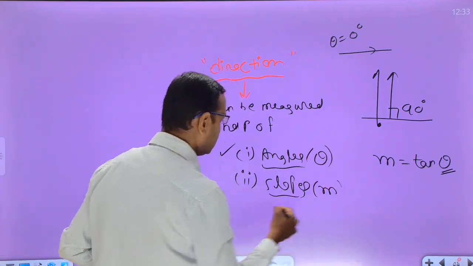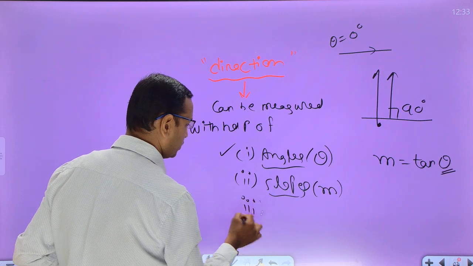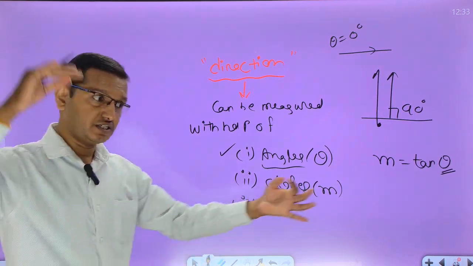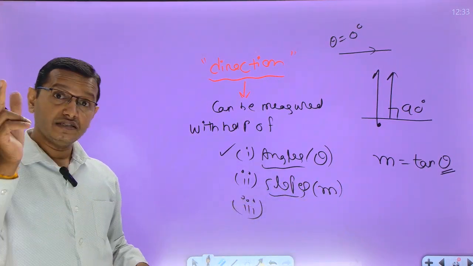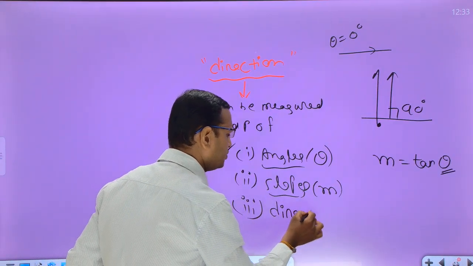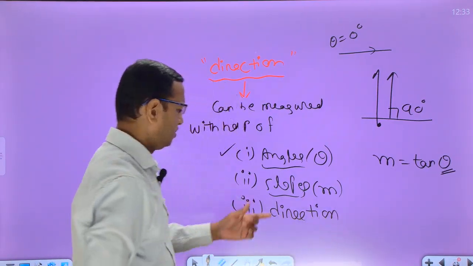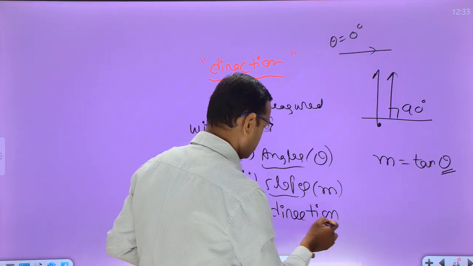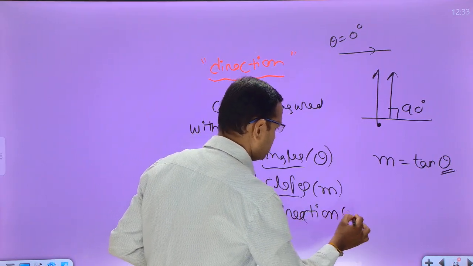Not only this, in mathematics, when an object is moving or a line is there in space, those lines' directions you can measure with the help of direction cosines. This you will study in your 11th and 12th concepts. Direction cosines we call.